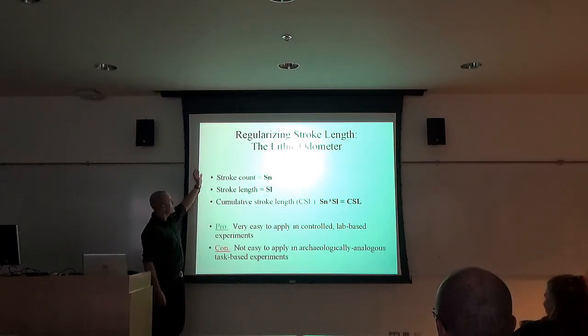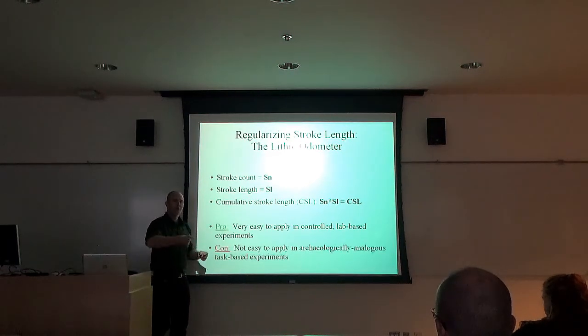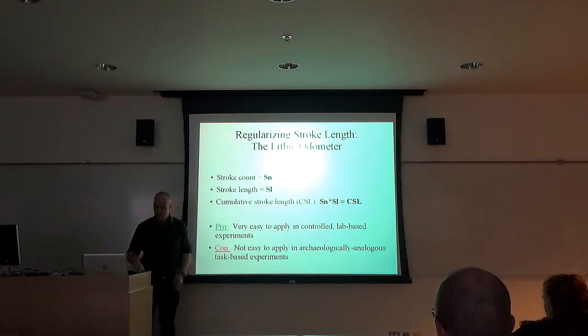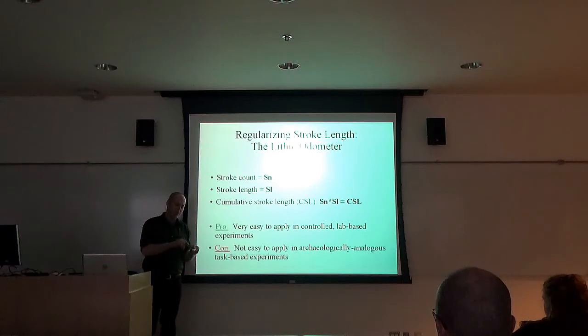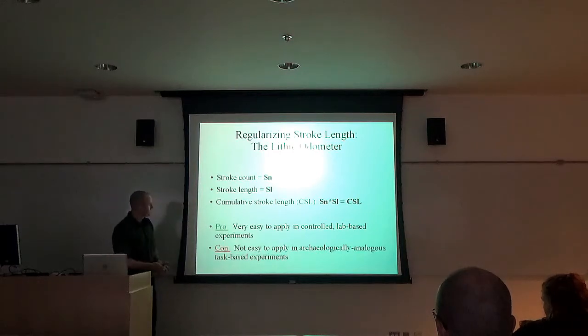But it's basically just stroke count times stroke length. It's the same as the odometer on your car, which is tire circumference times revolutions equals distance traveled. And so this should solve that problem of the 2 centimeter saw versus the 10 centimeter stroke, where 5 motions like that should equal 1 motion like that in terms of the total tool use life experience.